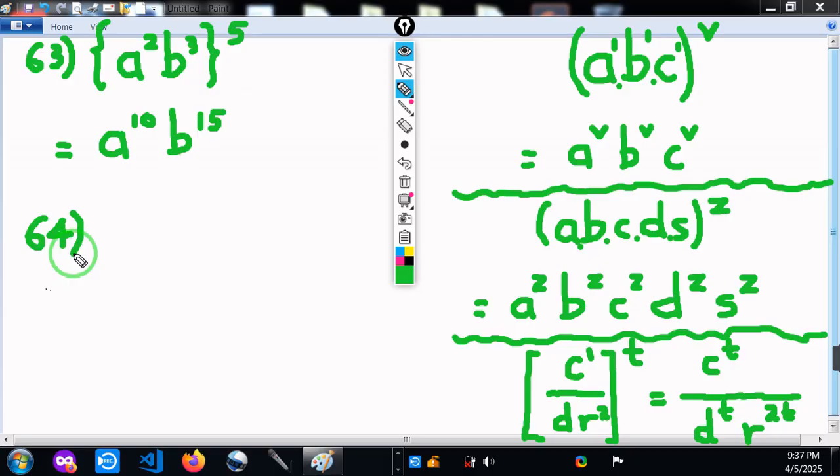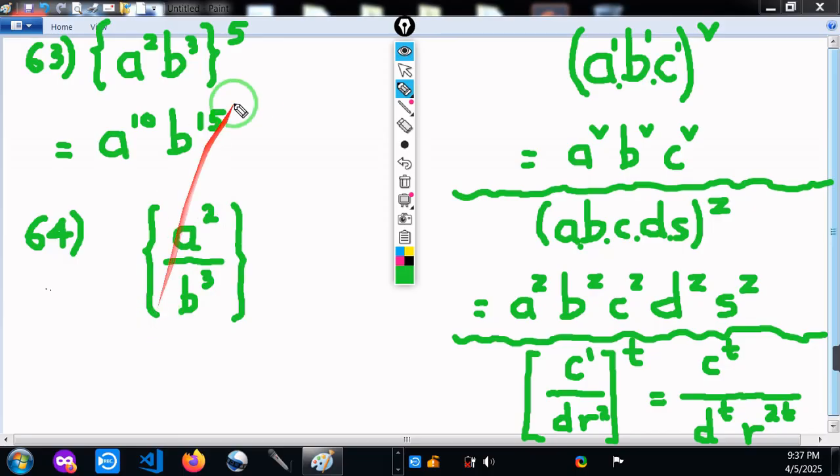Okay, A2, B3, the same thing, but we put a 5, and then this time we put a division. To compare, we put the A squared over B cubed. But now we do division. Because we are using the comparison method, in this case we use the same thing, but the power is also the same thing. Only thing that one was left and right, this is up and down. So here 5. Same.